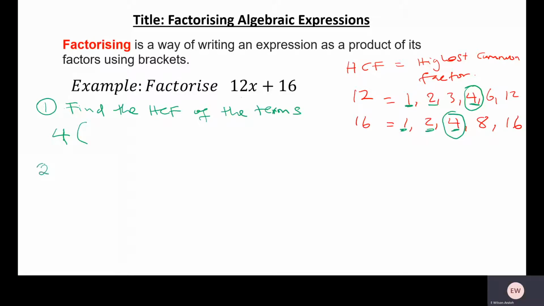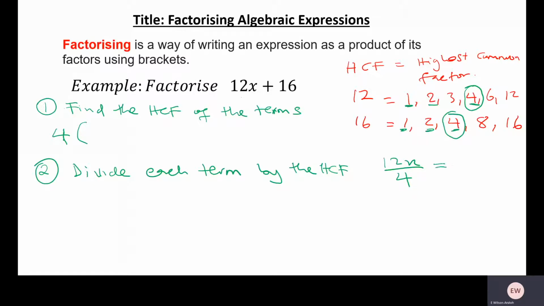Now our second step is going to be divide each term by the HCF. So we pick each term. Our first term is 12x. So we pick the 12x and then divide it by our 4, which is the HCF.